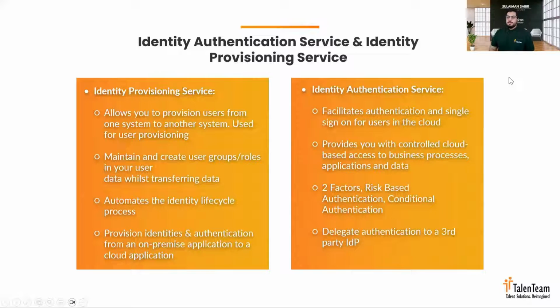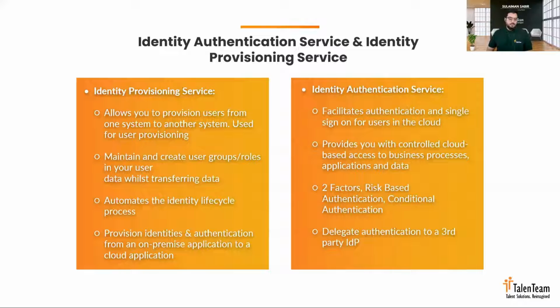Identity Provisioning Service is a system that allows you to provision users from one system to another. It is essentially used for loading users into a system, which is then pointed towards a target system. This allows you to maintain user groups and roles whilst transferring the data.